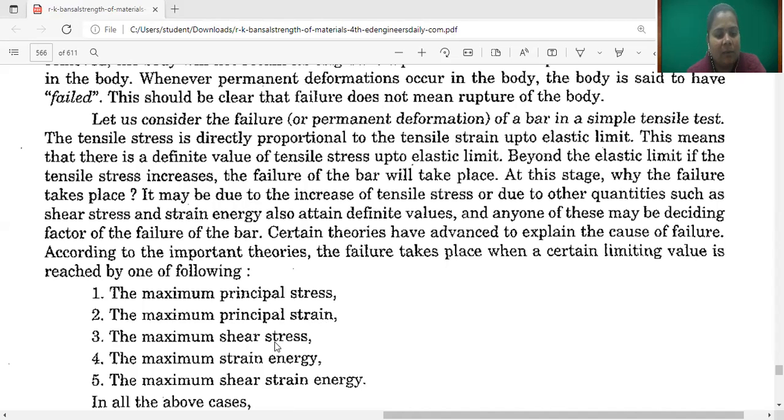Third one is the maximum shear stress theory. Fourth one, maximum strain energy theory. And last one, the maximum shear strain energy theory.